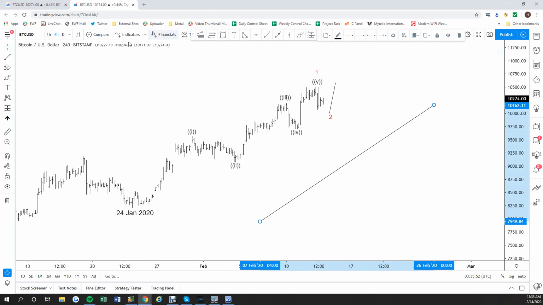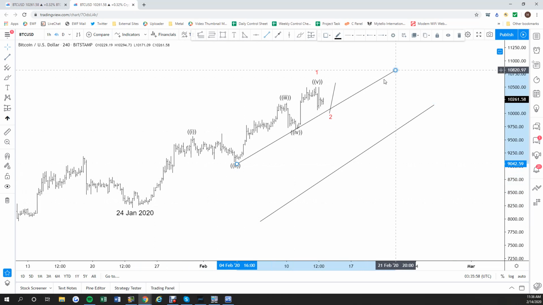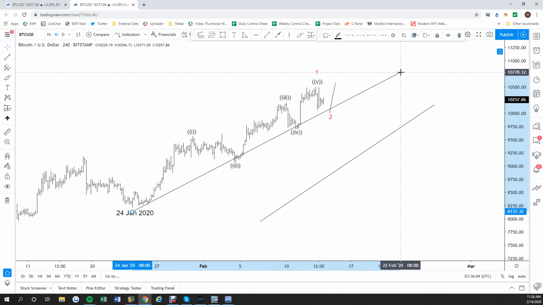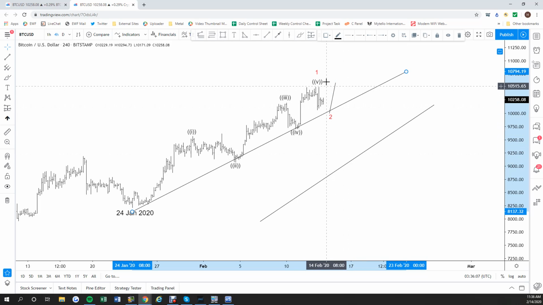Unless we break below this trend line here. We have not even broken below this rising trend line here, right? So unless we break below this trend line, you are absolutely not convinced yet that the cycle is finished. It can continue to go up.